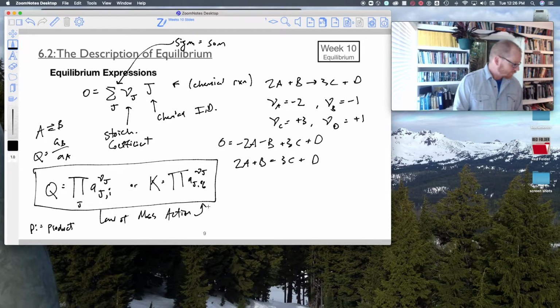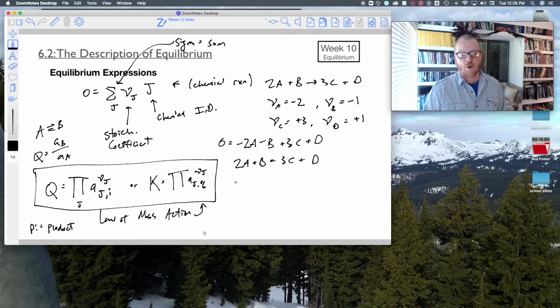Okay? So let's write all of that down now. So it works either way for Q or K. It just depends on if you're talking about your initial activities or your equilibrium activities. So I'll just write this down for K. And here's how this product works. And we'll use the same example up here. Okay? So that's going to be the activity of species A raised to its stoichiometric coefficient, raised to the -2 power.